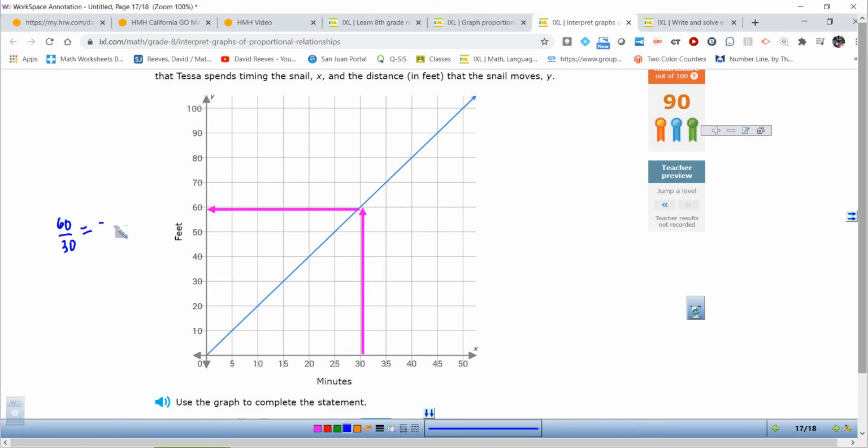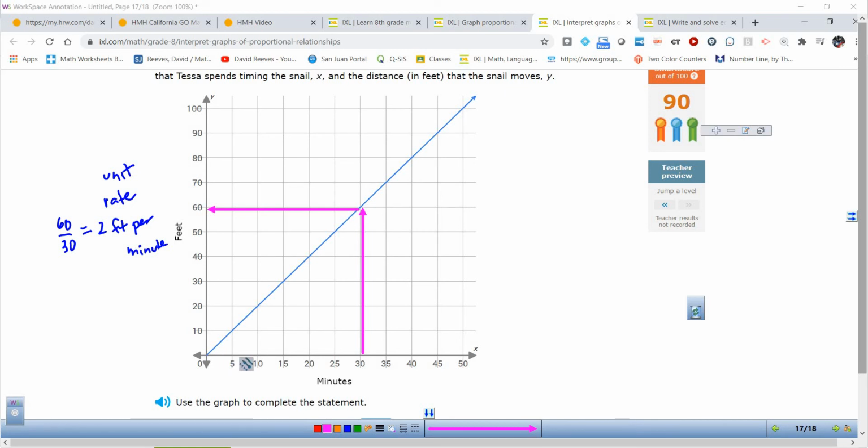If I simplify that, what do I get? I get 2 feet per minute, right? So this would be my unit rate, which would actually also be my slope. In 1 minute, it would go up 2 feet. 2 feet per minute.